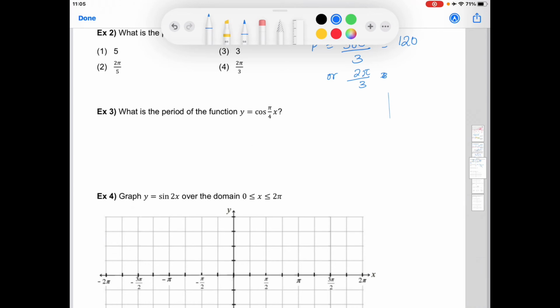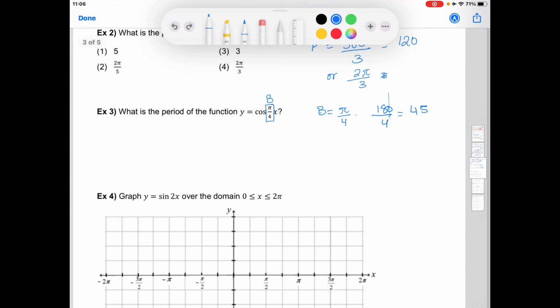Now, the next one is, what is the period of the function cosine pi over 4 x? So what is in place of b? Pi over 4, right? My b is pi over 4. Again, I like to convert my radians to degrees. Either you multiply by 180 over pi, or you can just substitute pi with 180. 180 divided by 4 is 45.